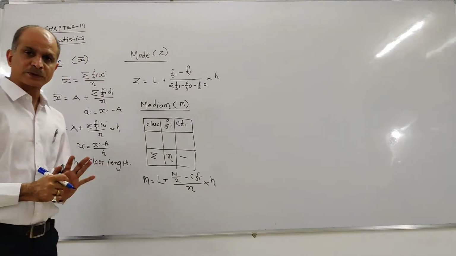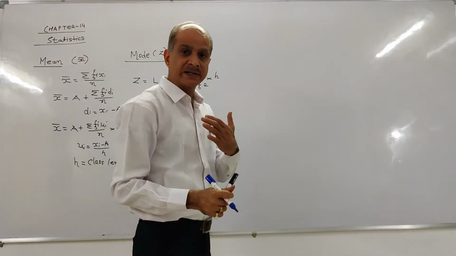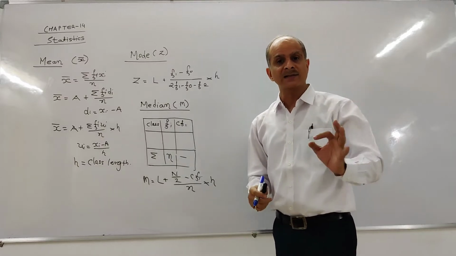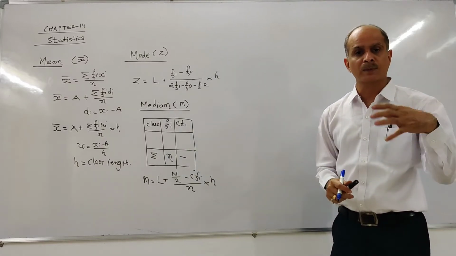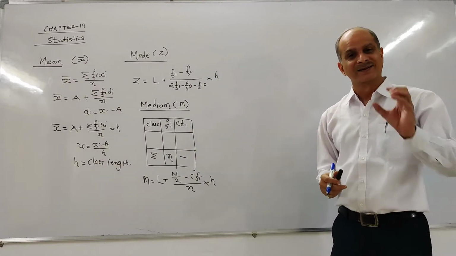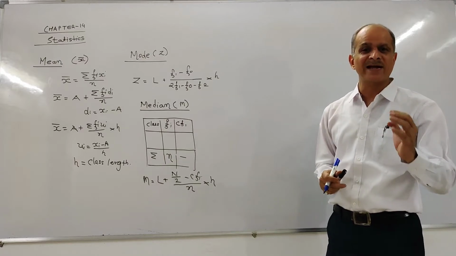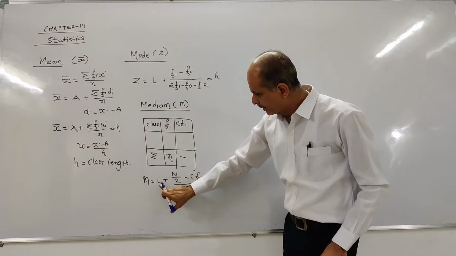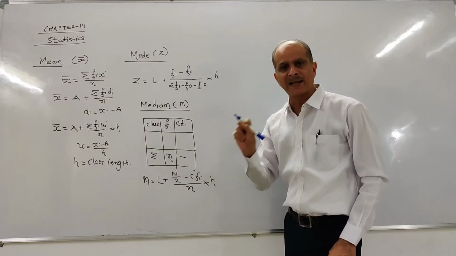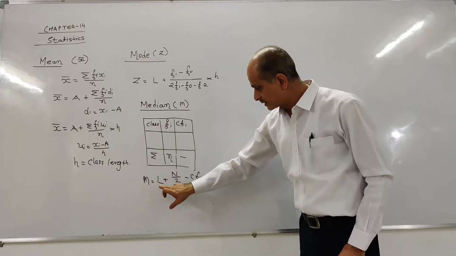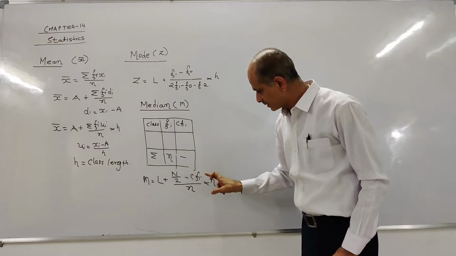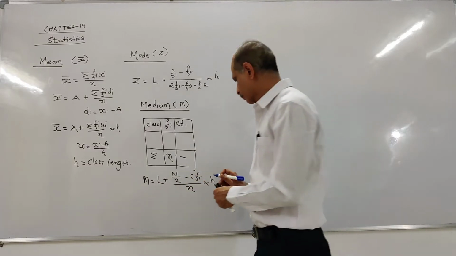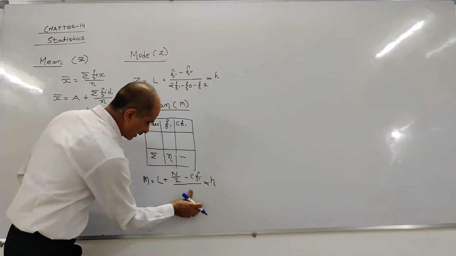So here also, first of all, you have to find the median class, the class in which the middle observation lies. This class is known as the median class. The lower limit of the median class is known as L. The frequency against the median class is known as f, so here the denominator is f.